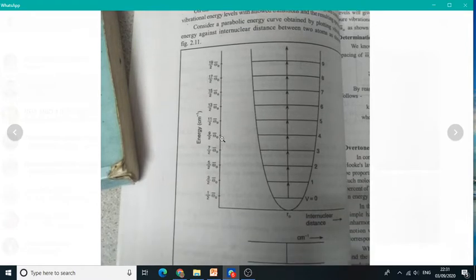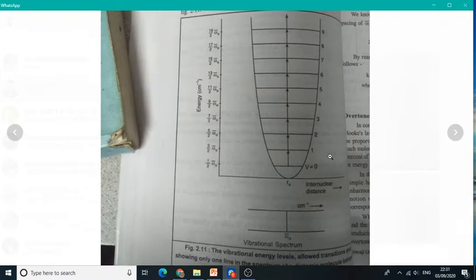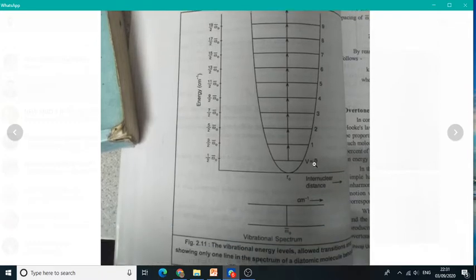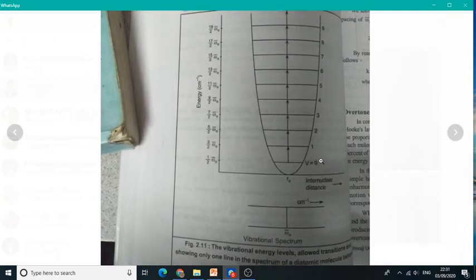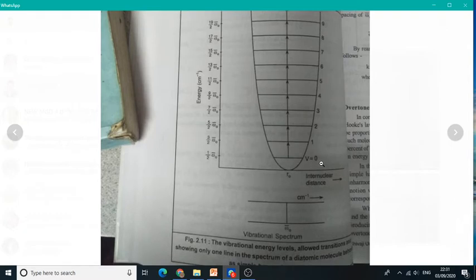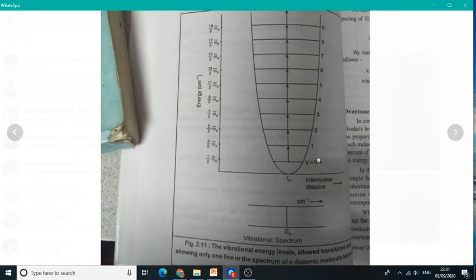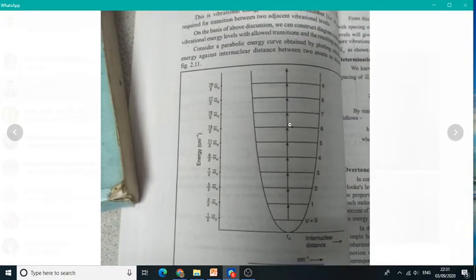These are the vibrational energy level values for different phi quantum number, and this is the zero point energy. That means at phi equal to 0 level also the molecules are not at rest, and the delta E is always constant.